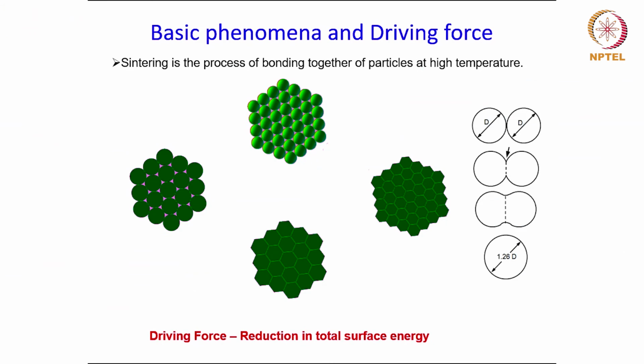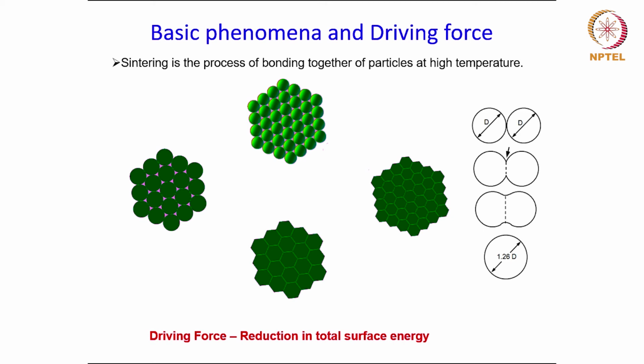Now that we have learned about all the three stages of the sintering process, let us take a moment to summarize it. So sintering is a heat treatment process which leads to densification of a porous compact, giving rise to a fully dense solid product. Okay, and the driving force behind the sintering process is the reduction in total surface energy.